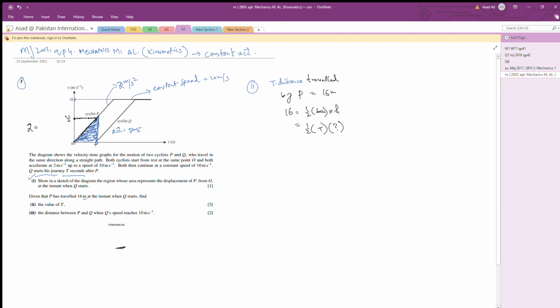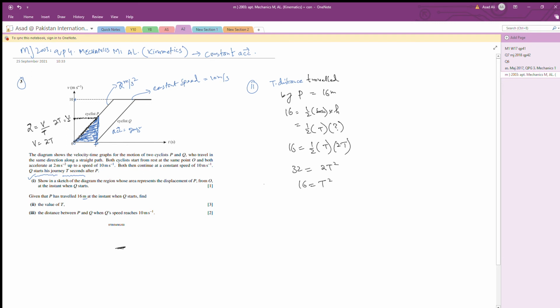The rise is V and the run is T, so V gives us 2T. It means this value is 2T. Now 16 is equal to 1 over 2 T times 2T. So 32 is equal to 2T square, and 16 is equal to T square.